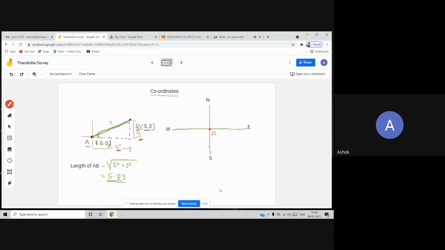What's the solution? So here we call them latitude and departure.